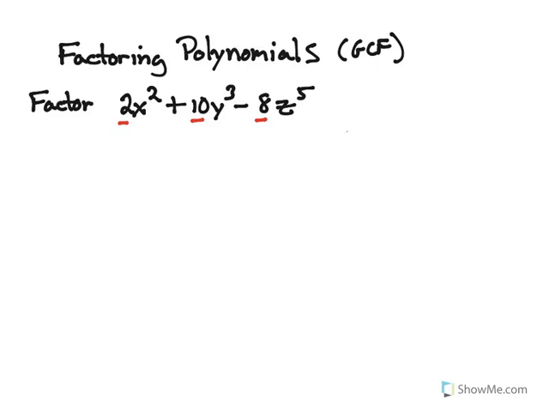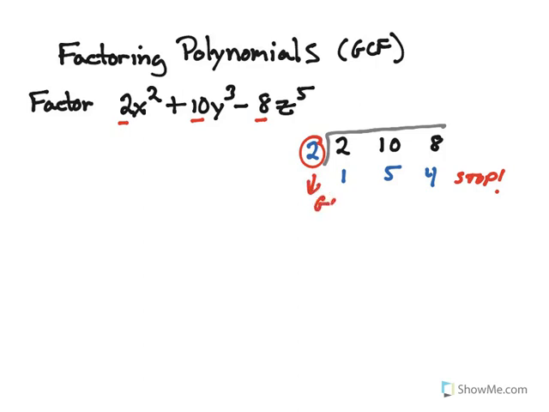If you have 2, 10, and 8, and you want to find the greatest common factor, you start dividing those numbers by something evenly, and the only number that would work is going to be 2. So 2 goes into 2 once, 2 goes into 10 5 times, and 2 into 8 is 4. And then there aren't any numbers that go into 1, 5, and 4 evenly except 1. So we stop, okay?